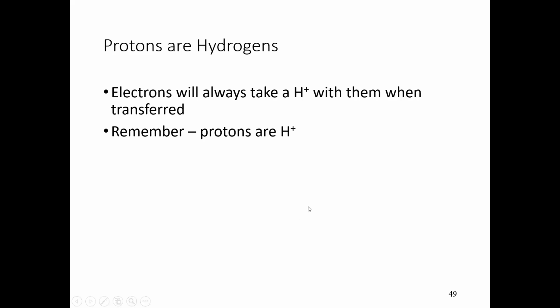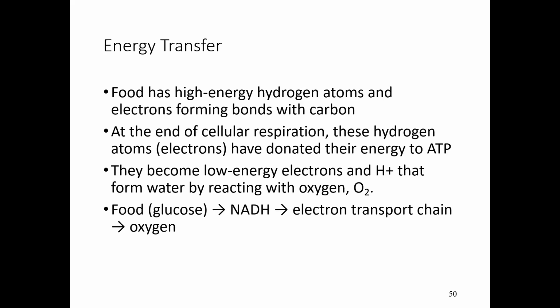Electrons always take a hydrogen with them when they are ripped out of the covalent bond. They travel together. Now, our food contains lots of high energy substances. The atoms, the carbons, the hydrogens, and the protons and electrons in food contain lots of valence electrons with lots of potential energy.